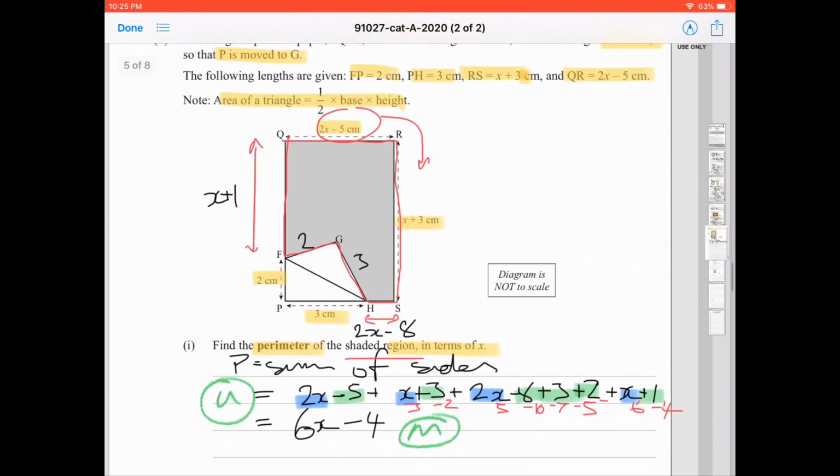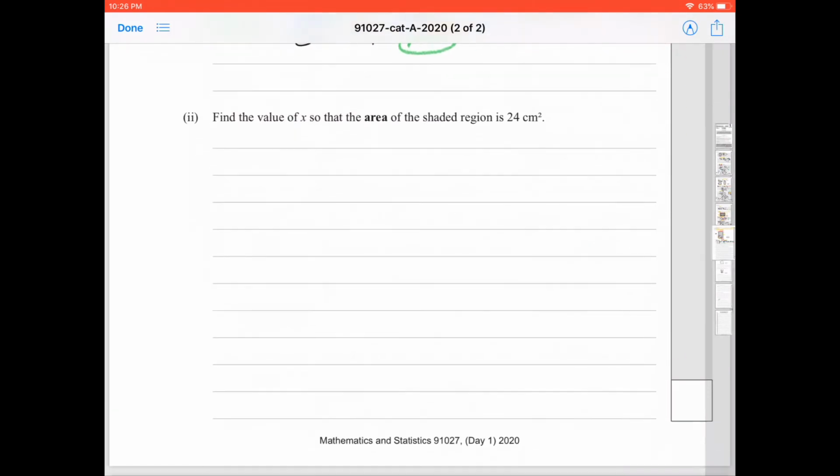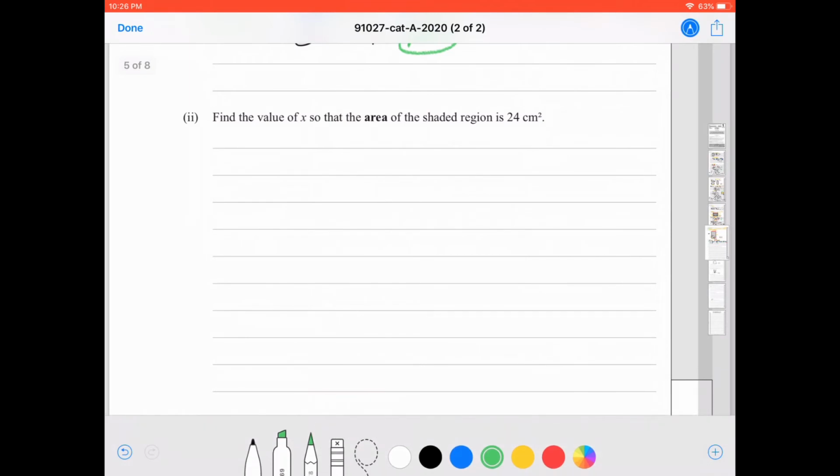Moving on to question 2D2. Find the value of x so that the area of the shaded region is 24 centimeters squared. So the first thing we have to do is establish an expression for the area of the shaded region. Area shaded equals the total area of the shape.